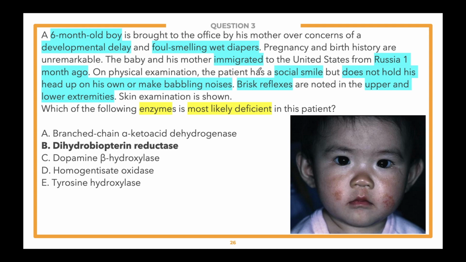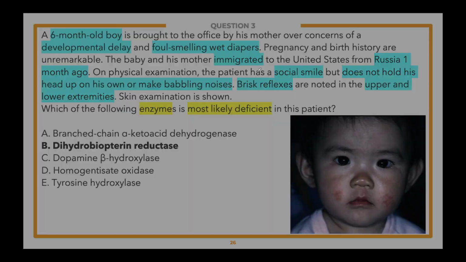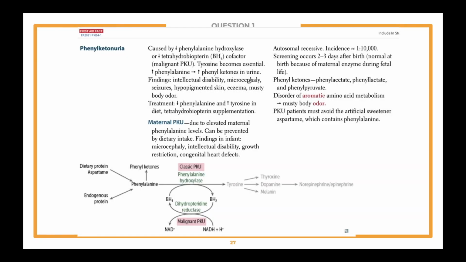However, since they immigrated here from a different country, it's possible it may have been missed. Okay, so let's take a look at the next slide, and it looks at PKU or phenylketonuria. You can see there that it's caused by either a decrease in phenylalanine hydroxylase or BH4, tetrahydrobiopterin, which is a cofactor.